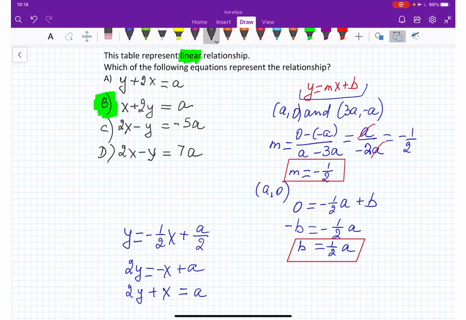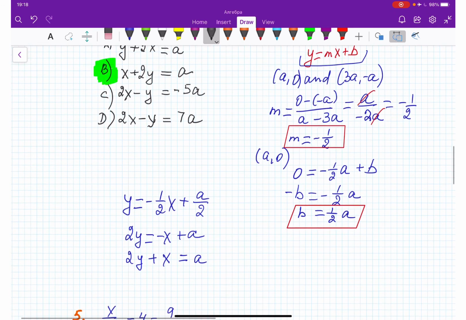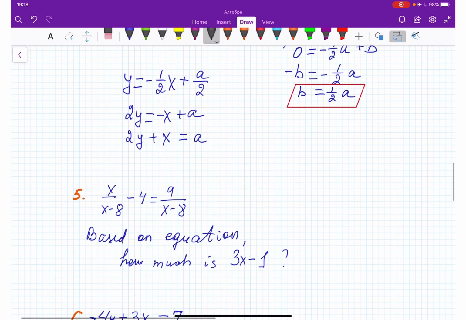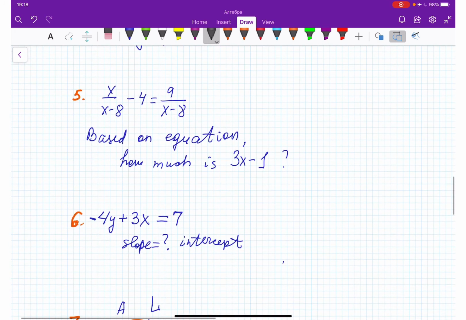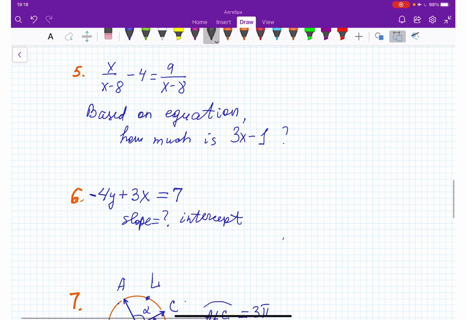Next one. Let's solve this one. Number 5.